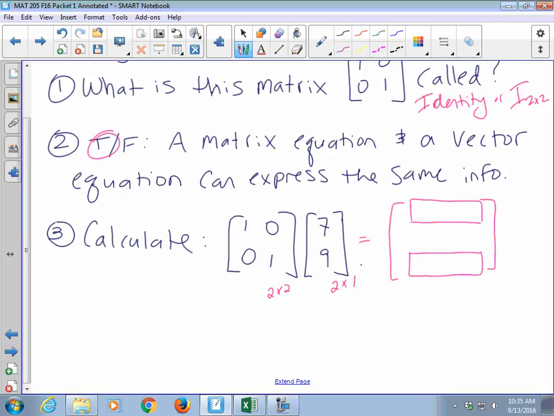One way to think of multiplying a matrix times a vector is to do the dot product of the first row times the first column. That goes in the first row, first column of your answer. So you take the dot product of 1, 0, and 7, 9. Anybody know what the dot product is?